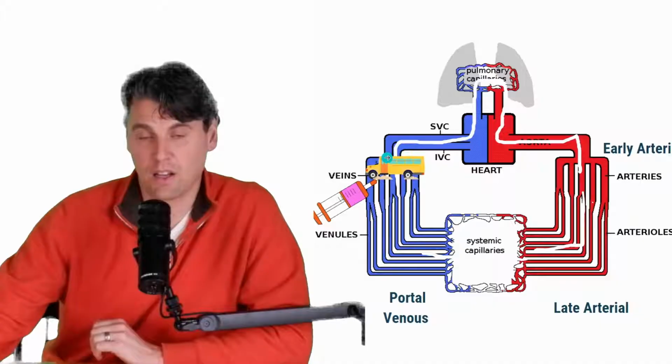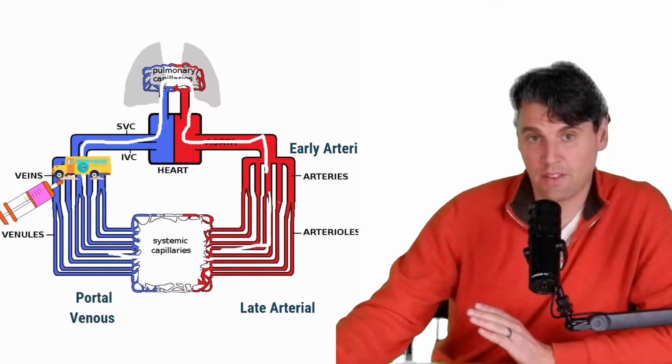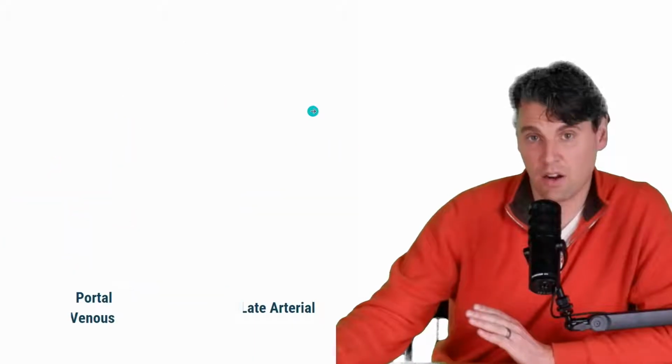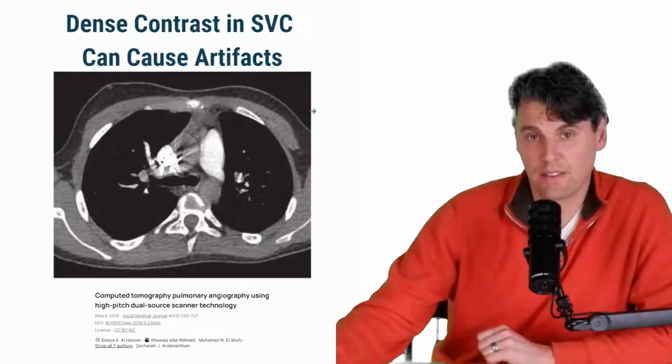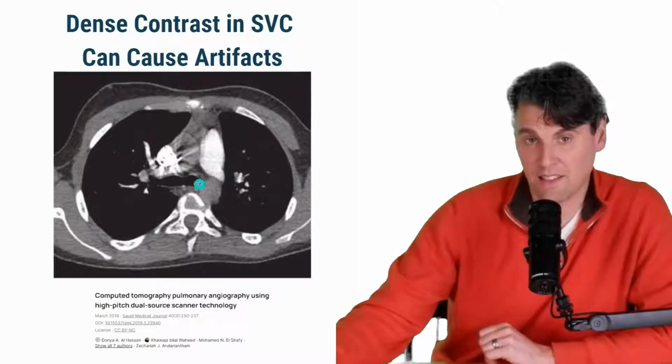We're going to go from the point at which we inject in the veins, through the heart, through the lungs, back through the heart, back through the aorta. We do our contrast injection in the veins. When there's a lot of contrast in the veins and in the superior vena cava, you can actually get artifacts. Here's an example from a dual source scanner, but you get these kinds of artifacts on basically any scanner.